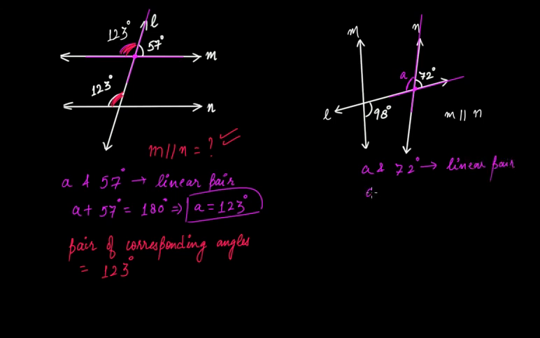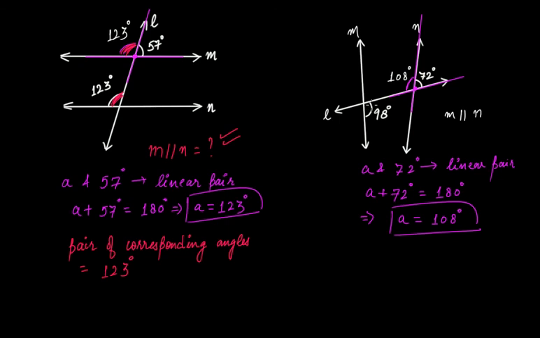Since A and 72 degrees are a linear pair, therefore A plus 72 degrees should be equal to 180 degrees, and if you solve this, you will get A is equal to 180 minus 72, which is 108 degrees. So this A comes out to be 108 degrees.